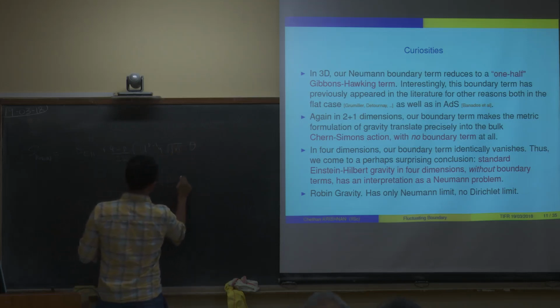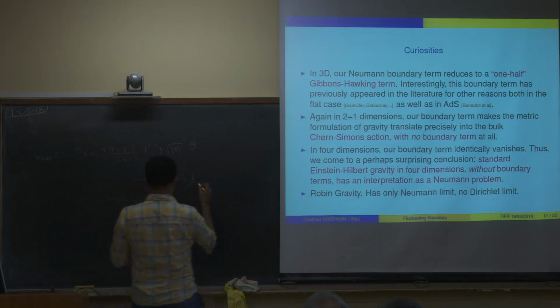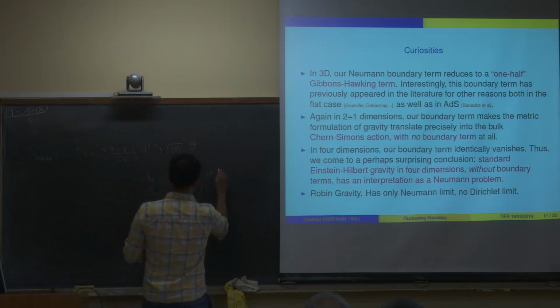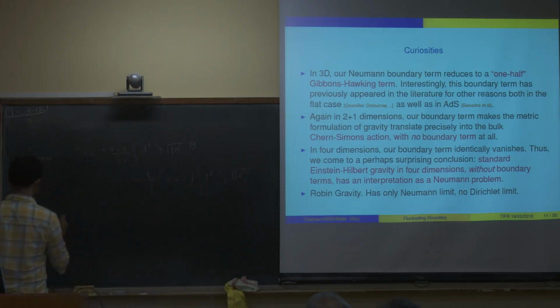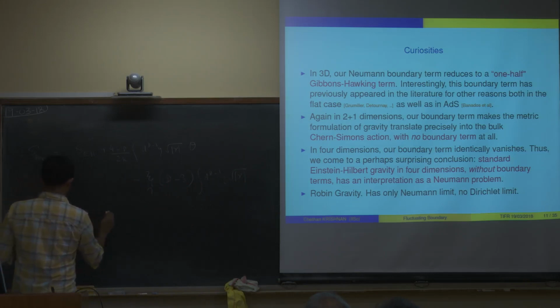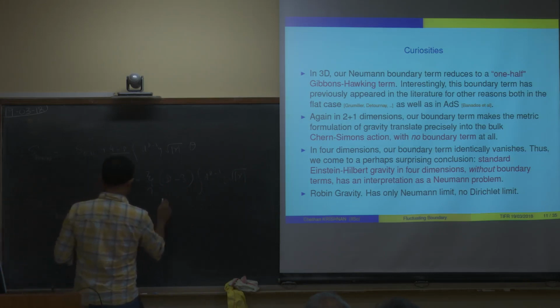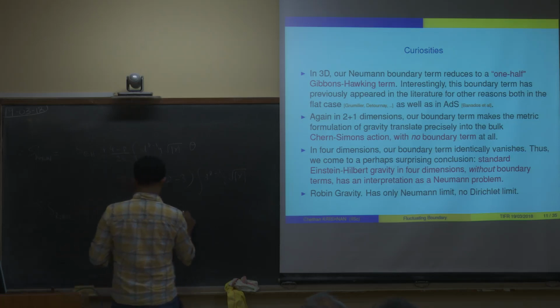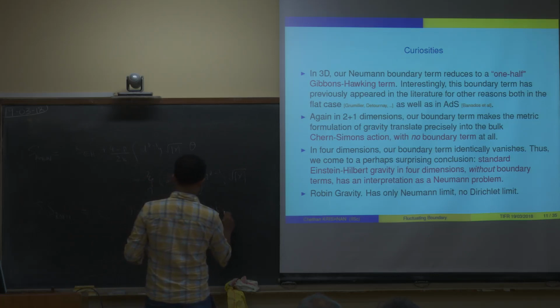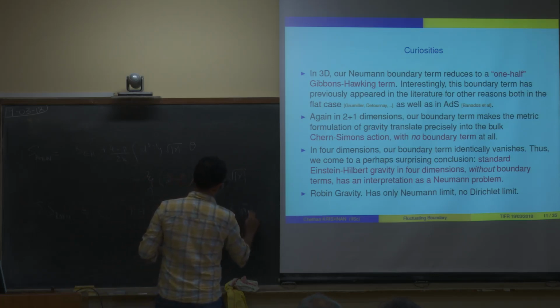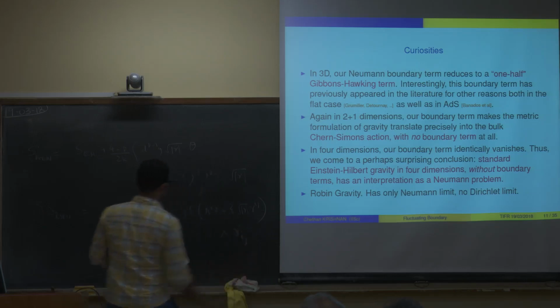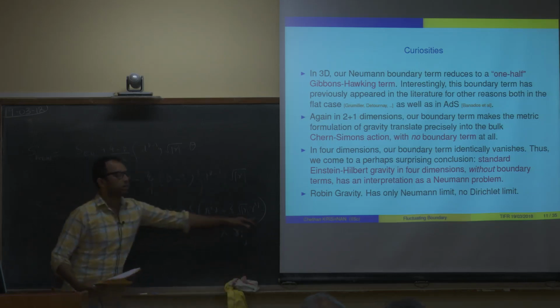So this is some arbitrary real number, an arbitrary parameter zeta, and a term like this, an extra term like this, basically makes the equations of motion plus something of this type. This is basically what a Robin problem is.